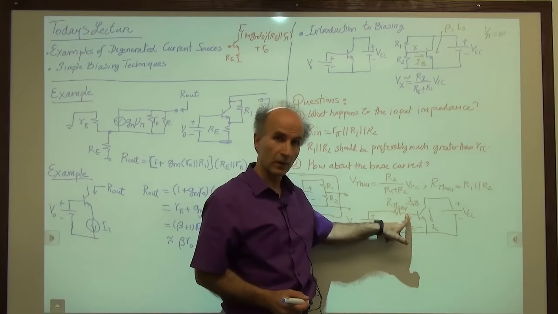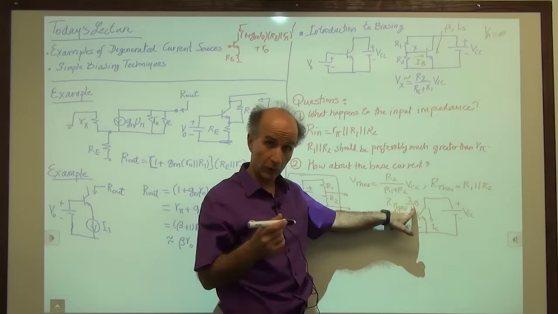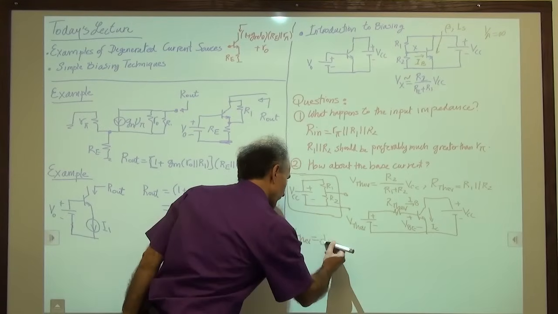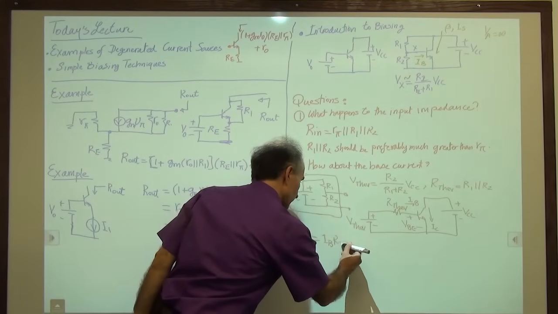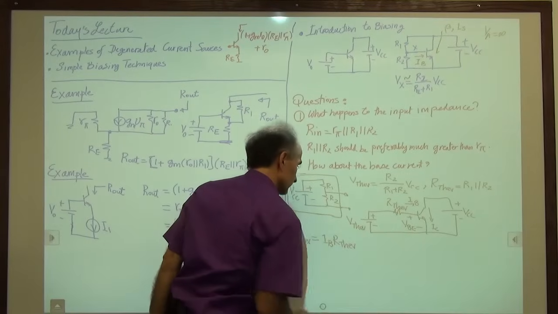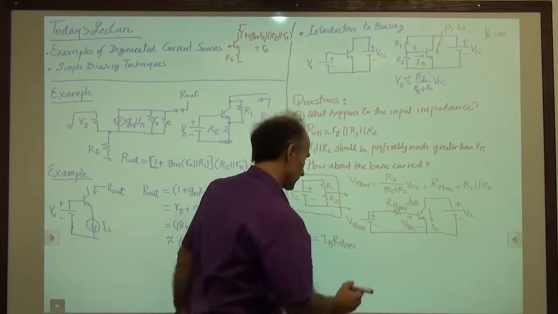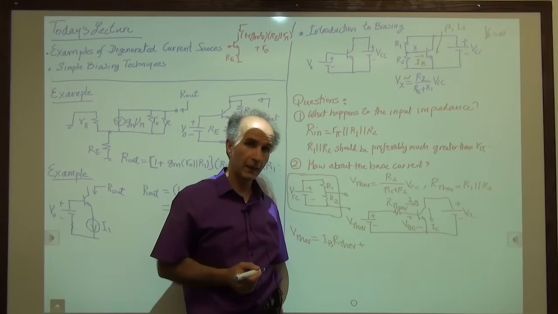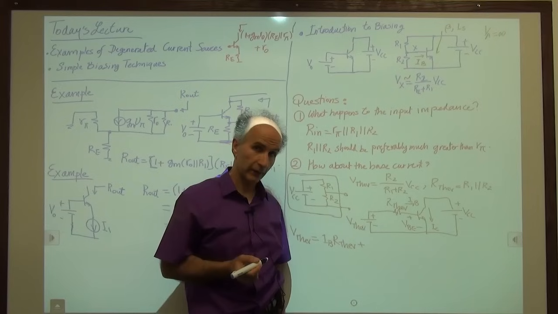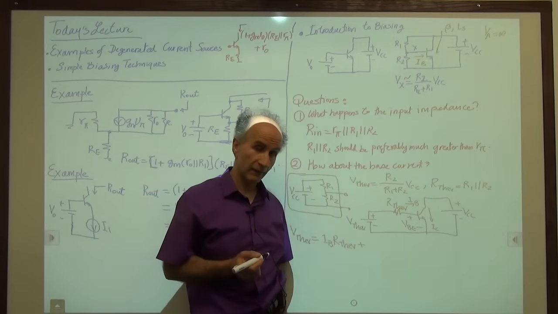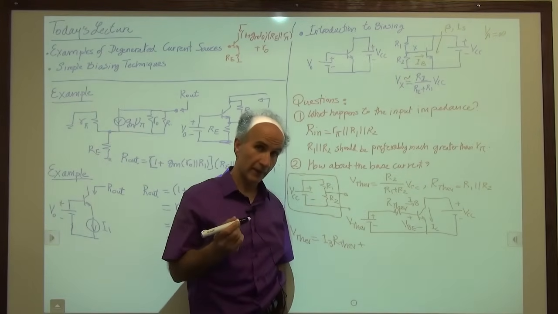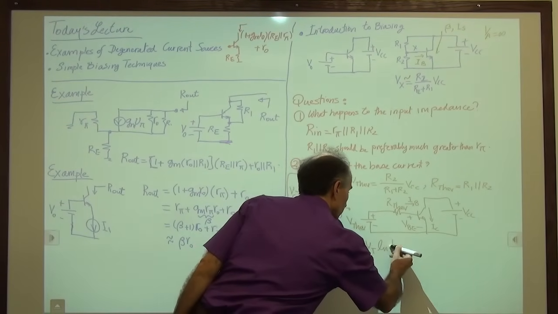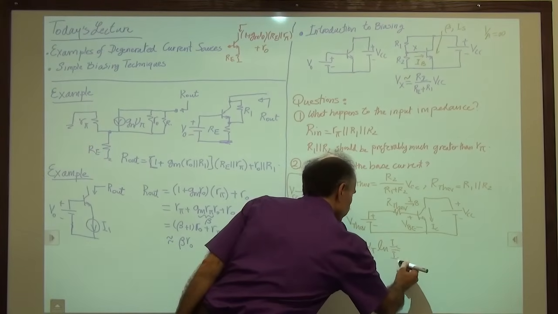How much is that voltage? Well, we have a base current which we don't know yet times that resistance. That is the voltage drop. So IB times R Thevenin, and then plus this voltage, plus VBE. Do we know an equation for VBE in terms of the collector current? Yes, that's VT log of IC over IS. So VT log of IC over IS.